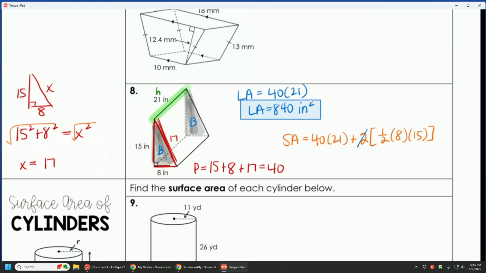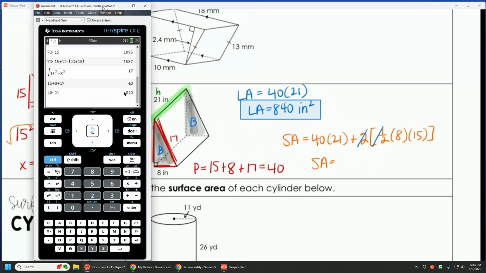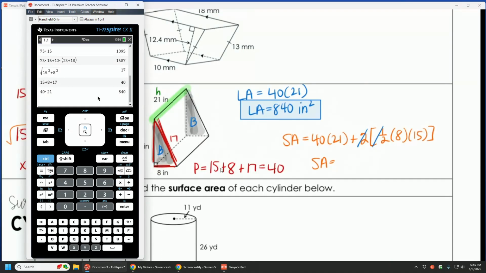And like before, I know this 2 and 1/2 are going to cancel. So I'm just going to type in the rest. So I have 40 times 21 plus 8 times 15. And that's 960. So the total surface area of that figure is 960 square inches.